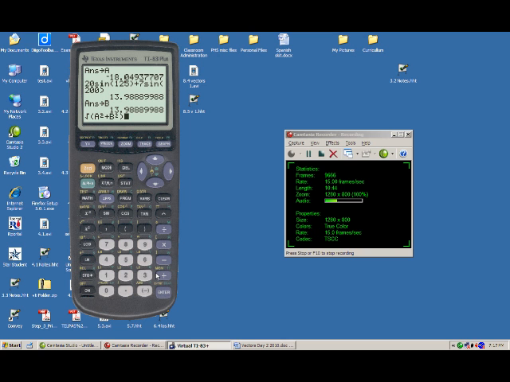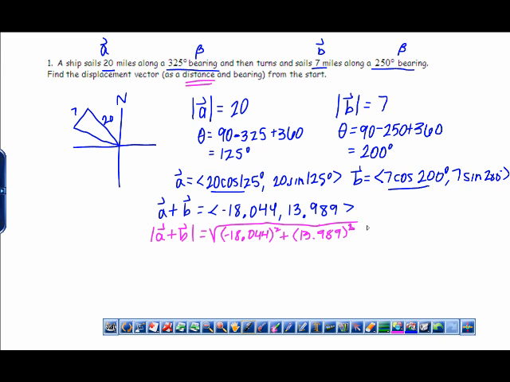Not only is this more convenient, but it's also more accurate. So I get 22.836 miles. Okay, that's the distance. That would be this distance right here.